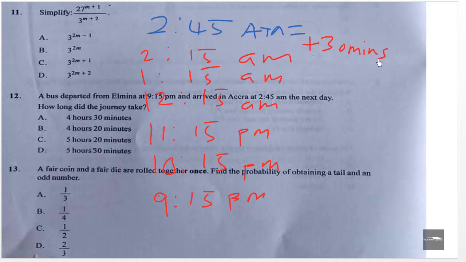Plus 30 minutes. So we have 1, 2, 3, 4, 5 hours plus 30 minutes. So that would be a 5 hours, 30 minutes journey. So the correct answer here is option D.